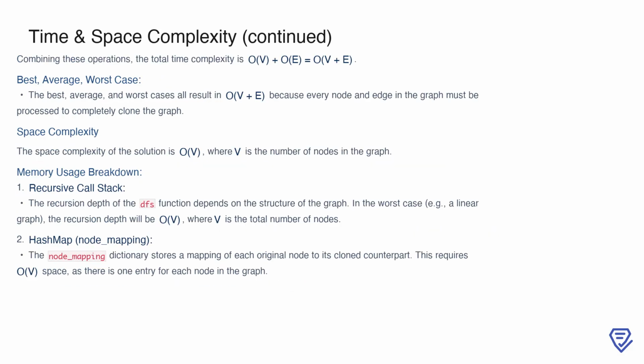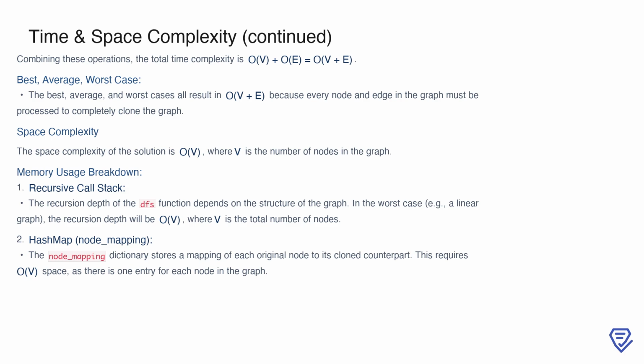When we combine these operations, the total time complexity becomes O(V) for visiting nodes, plus O(E) for processing edges, which simplifies to O(V + E). This applies consistently across the best, average, and worst cases because, regardless of the graph structure, we must process all nodes and edges to fully clone the graph.